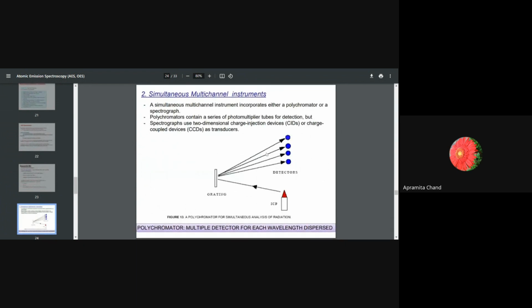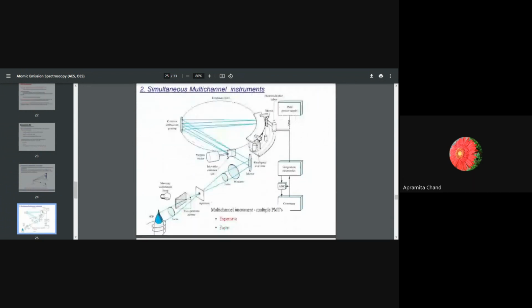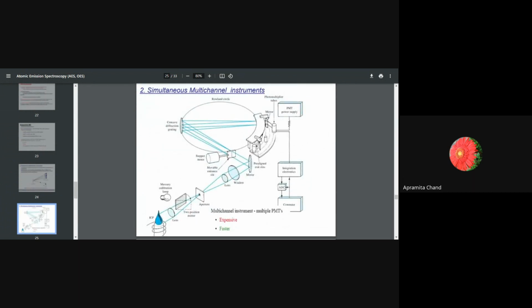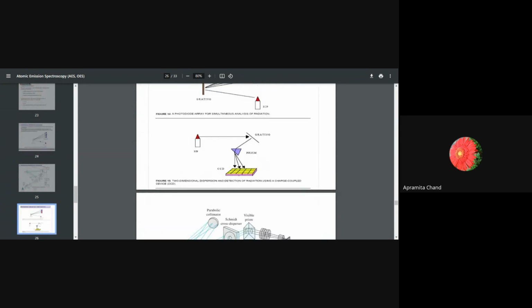And many times polychromators are used, which contain a series of photomultiplier tubes for detection. They can use two-dimensional charge injection devices or charge coupled devices. So this can also be one of the points. Multi-channel instruments are not there in your syllabus, so you can just give it a miss. You can just read it through.